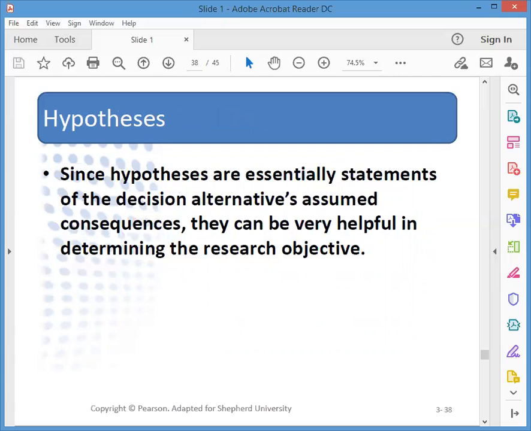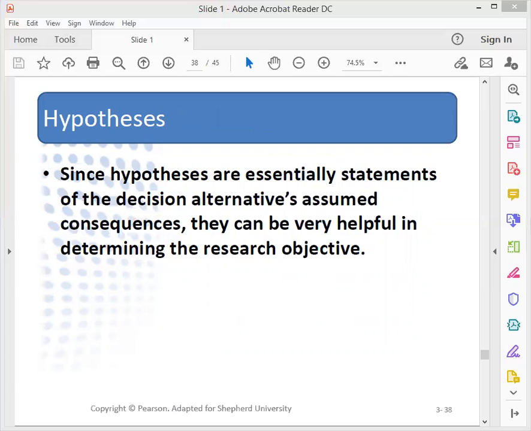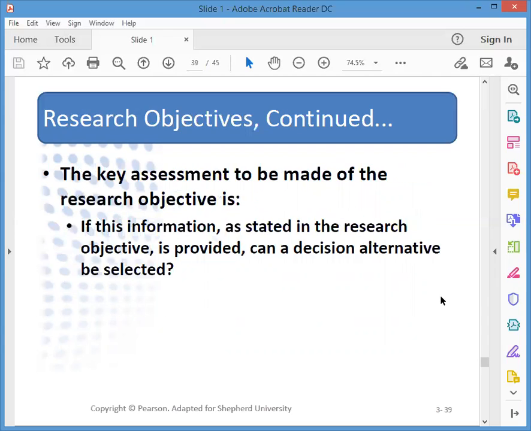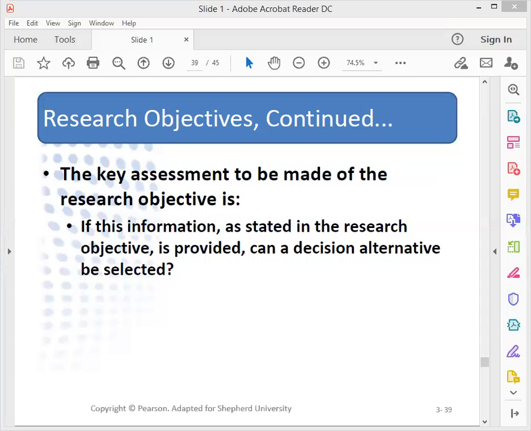Hypotheses are essentially statements of the decision alternatives' assumed consequences. They can also be helpful in determining the research objectives. The key assessment to be made is, can a decision alternative be selected if we gather the information in the research objectives?